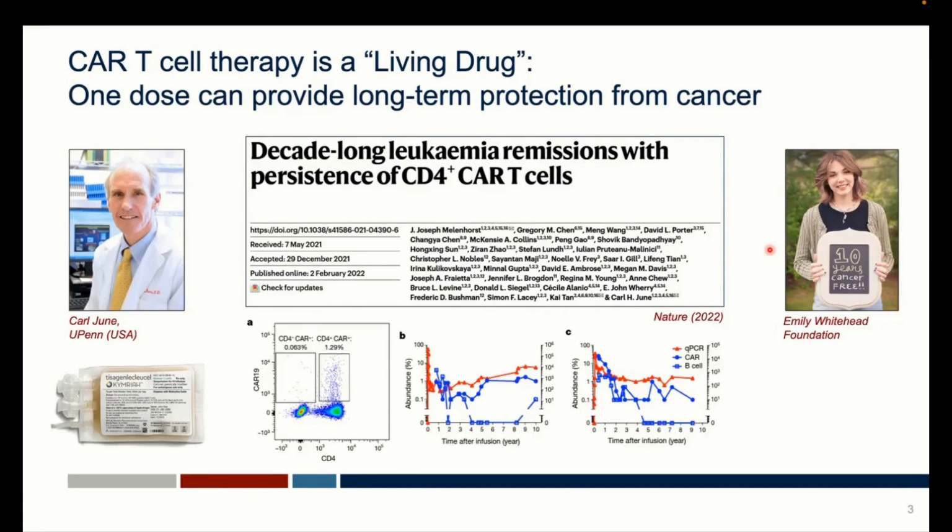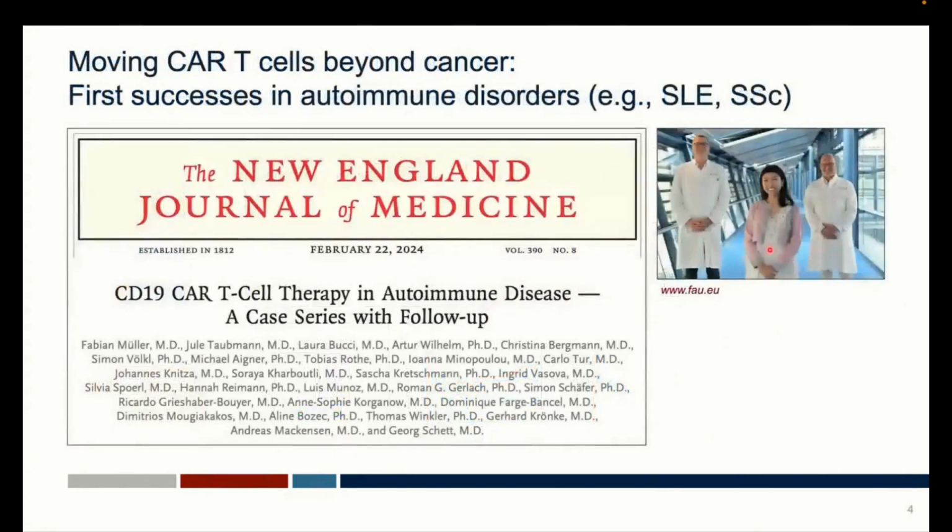Also beyond hematological malignancies, recent studies have shown that CAR T cells can be used very effectively in autoimmune disorders, in systemic lupus, for example, or systemic sclerosis. This is a recent publication from my home institution in Germany, actually. I received my medical training and my scientific training in Erlangen, which is in the southwest of Germany. This publication is from the group in Germany who first treated autoimmune diseases with CAR T cells.